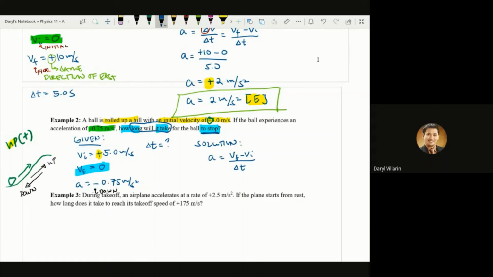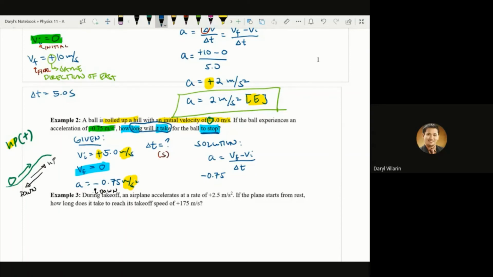So if I'm going to do that, that means that I'm just going to replace my a with negative 0.75. And if I notice, velocity is in meters per second, and this is in meters per second squared. So for delta t, I should expect that the answer is already in seconds.